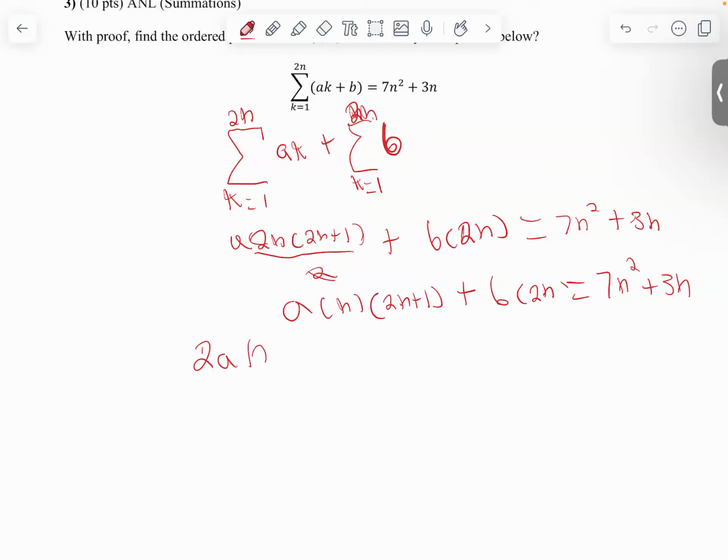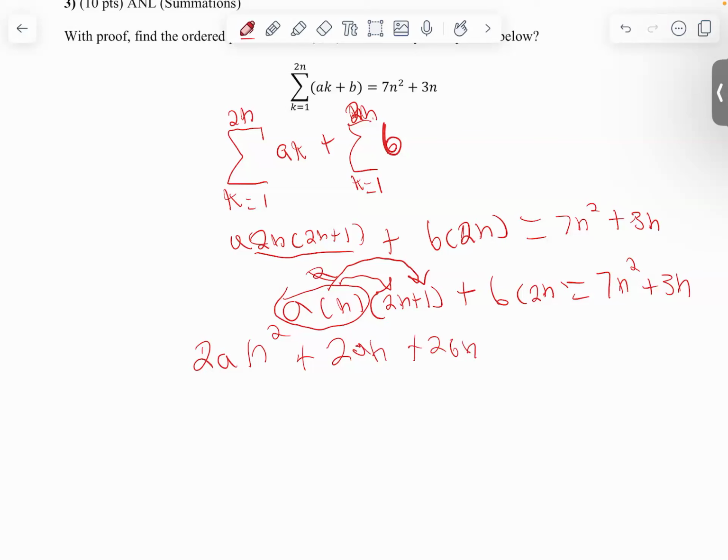So that's going to equate out to 2 to the a n squared, because this is all one thing. And this distributes here and here. And that comes out to 2 to the a n squared plus 2 to the a n plus b times 2n, or 2bn.